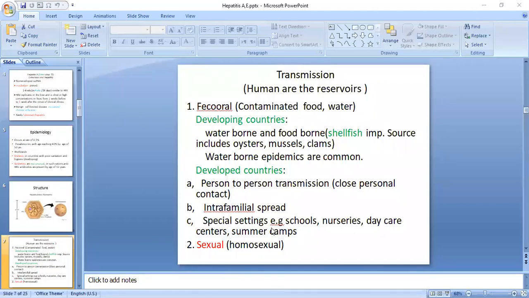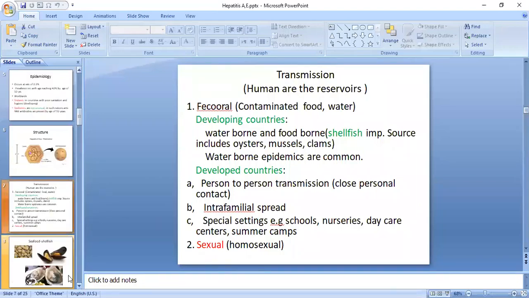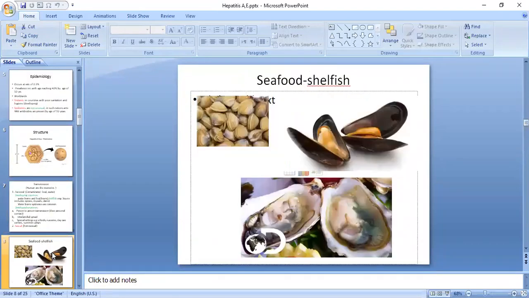Possibly the sexual mode of transmission also occurs. Those people who eat shellfish may be affected by the hepatitis A virus.